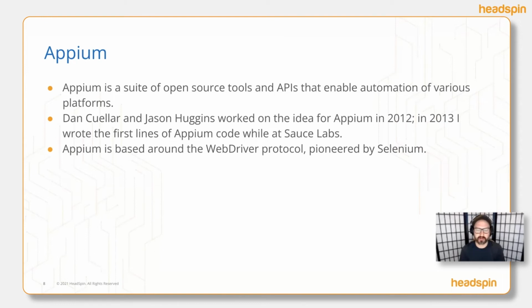So every W3C compliant browser, like Chrome and Firefox and Safari and all the others, Edge, etc., have the ability to receive automation commands via this protocol when they're started in a special mode. So the WebDriver protocol is just a very popular way to automate web browsers.